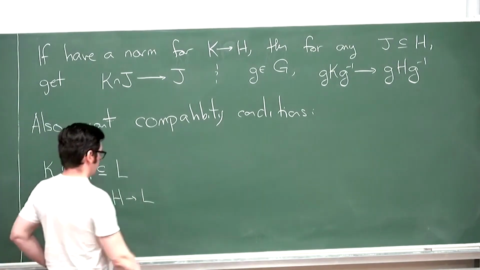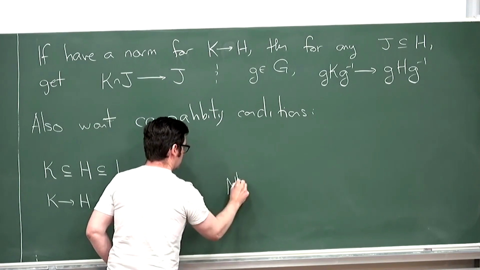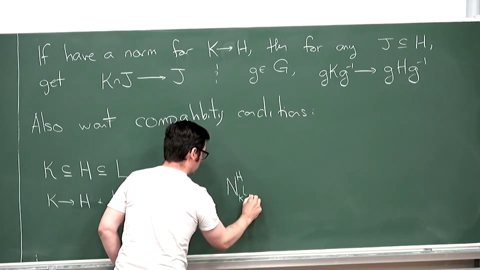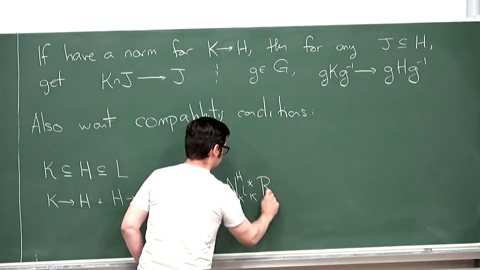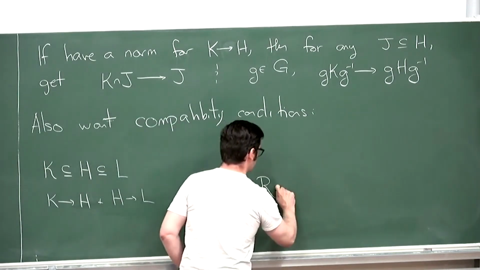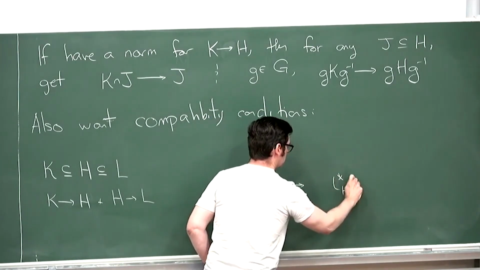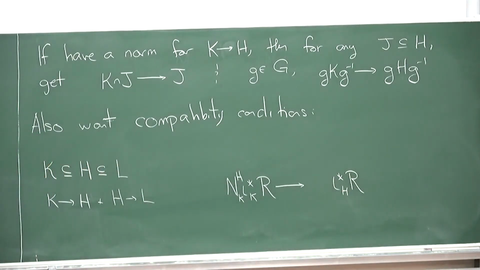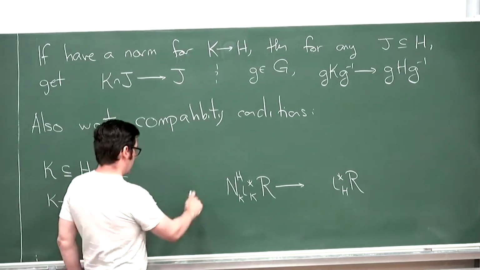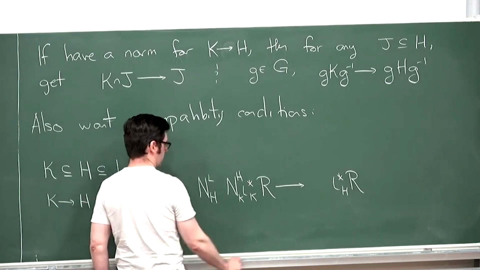Then I had my norm from K to H of the restriction to K of R. This went up to the restriction to H of R. That was part of the data that I was specifying basically by this symbol. And then I could take and apply the norm from H to L to this whole diagram.